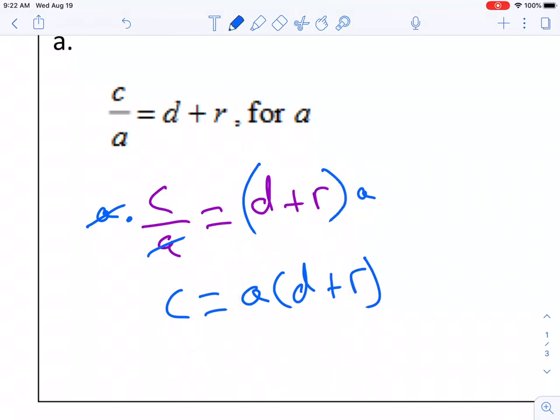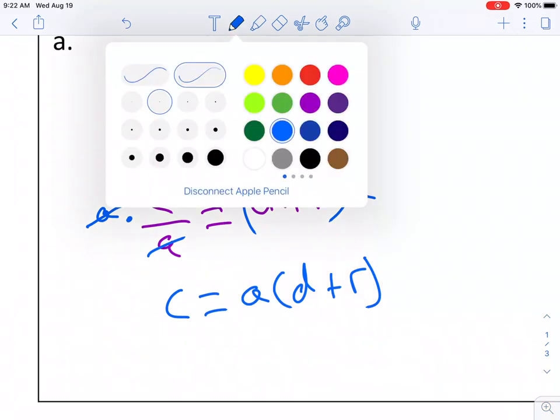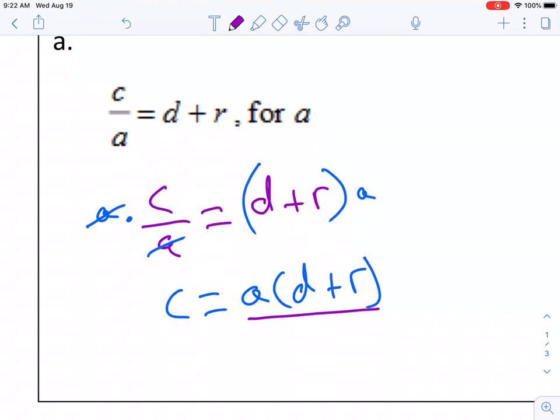So if I'm trying to get a by itself, and it's multiplying with this whole quantity, d plus r, then we're going to do the inverse, and we are going to divide the quantity d plus r to both sides.